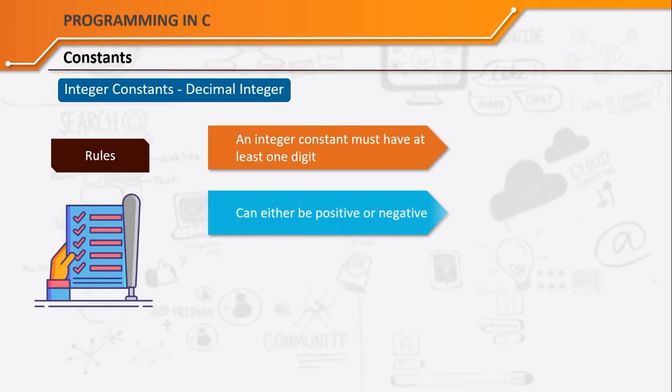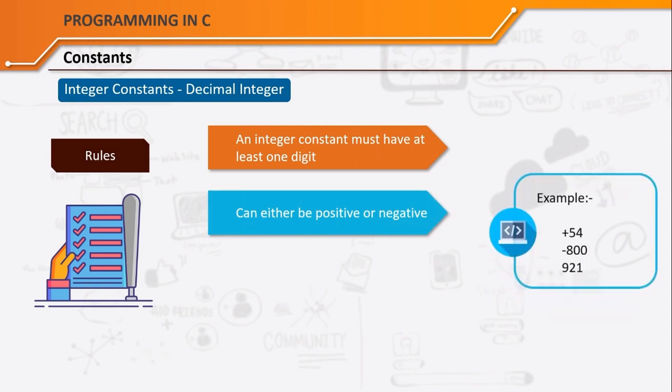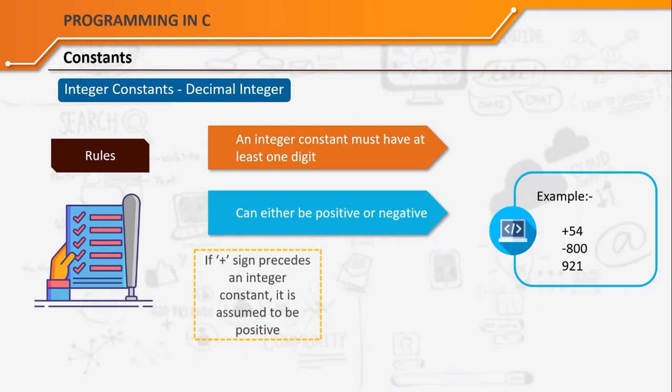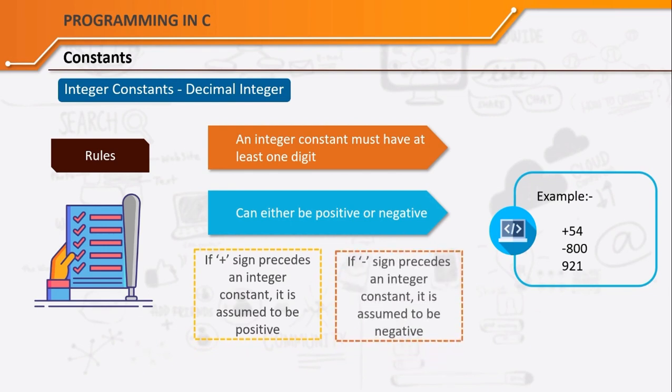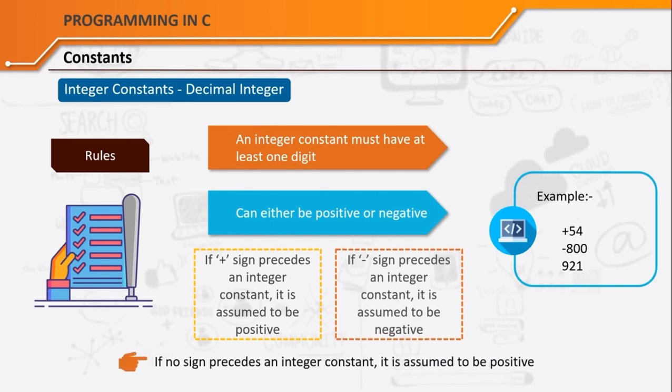If it is a positive integer constant, like shown in the example plus 54, it is preceded by a positive sign. Any negative integer constant is preceded by a negative sign. You can also have a number which is not preceded by either a positive sign or a negative sign.